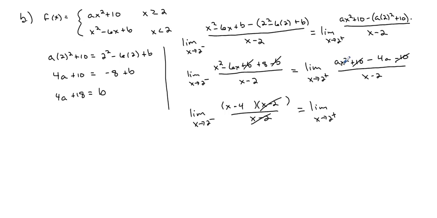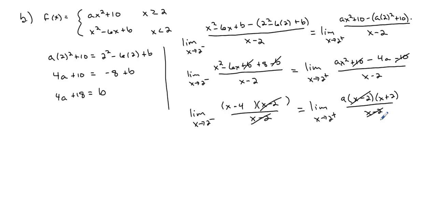Okay, now we have ax squared minus 4a. I think we got to factor an a out. But then we'll have x squared minus 4. Yep, difference of squares. And right away, we're canceling that out. Okay?